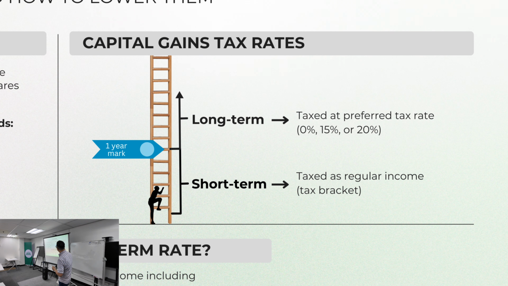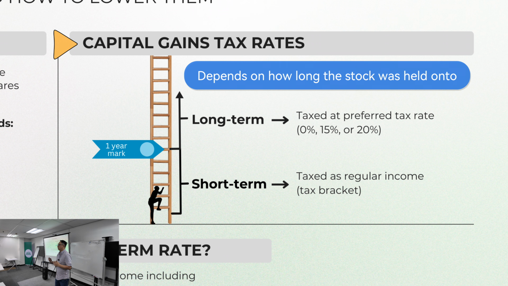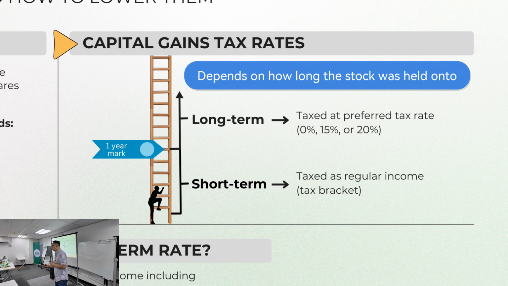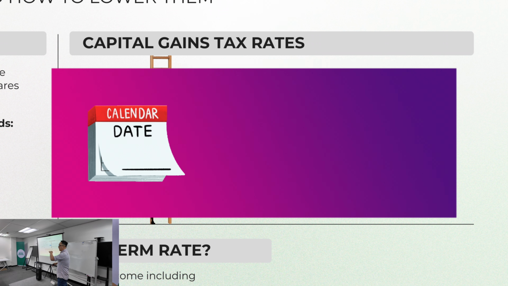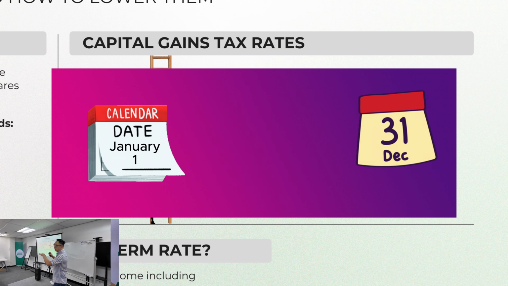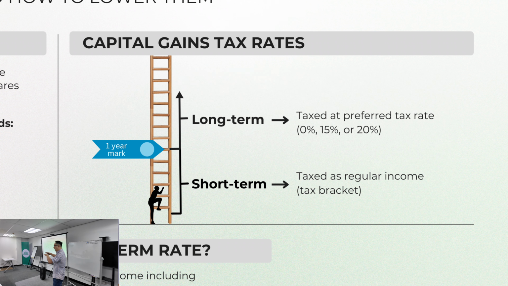The next thing is the capital gains tax rate. This really depends on how long he held that stock. If he bought it on January 1st and sells it after the next January 1st, so more than a year, then it qualifies for long-term capital gain. The way I explain it is like you're climbing up a ladder.